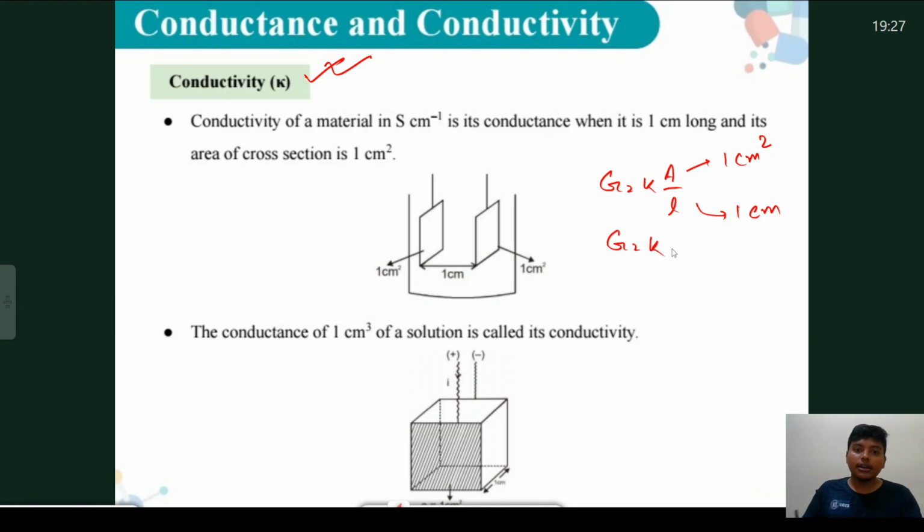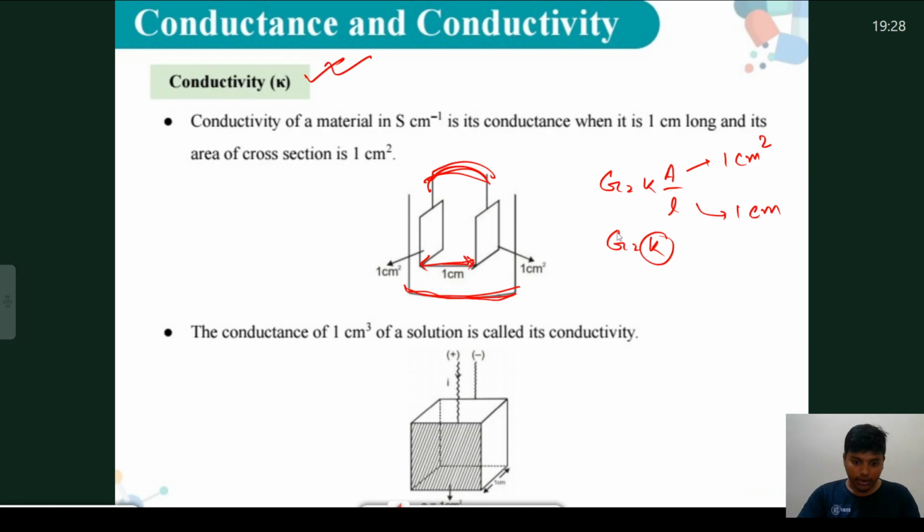What does it mean? If you take a tube of 1 centimeter square and put the electrodes 1 centimeter apart, how much electricity will pass, or how much conductance is there between these two? That is known as conductivity. So conductivity is nothing but a conductance, but a specific conductance.